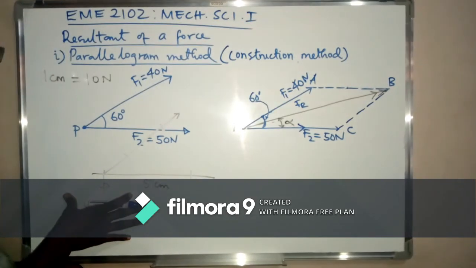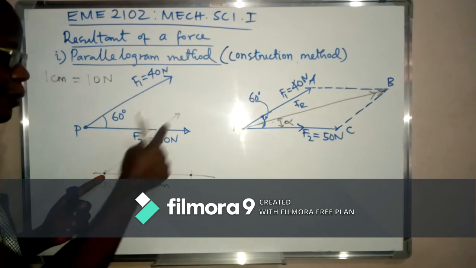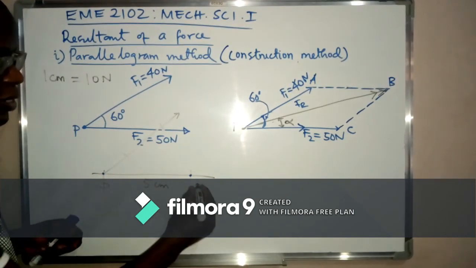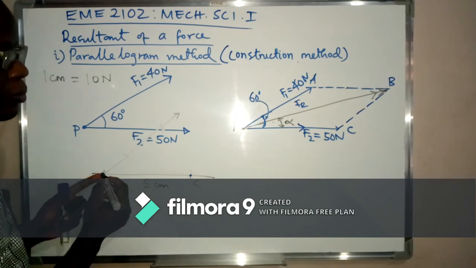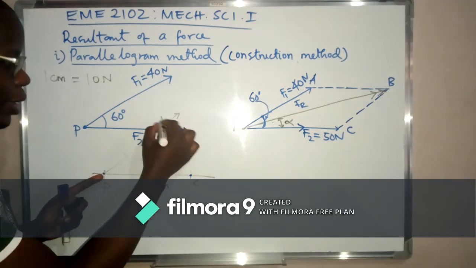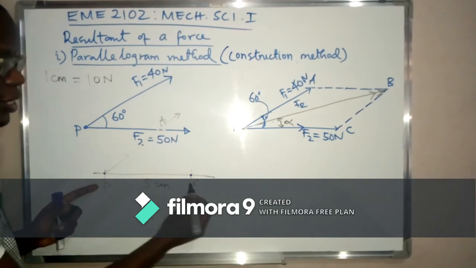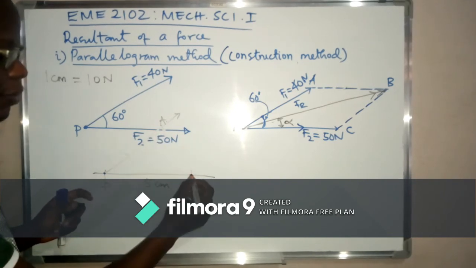Now, back to this construction. You have to construct a line parallel to this at this point. Let's name this C. So at C you construct a line parallel to PA. Let's name this A, P, then P, C. So you construct a line that is parallel to PA at this point.